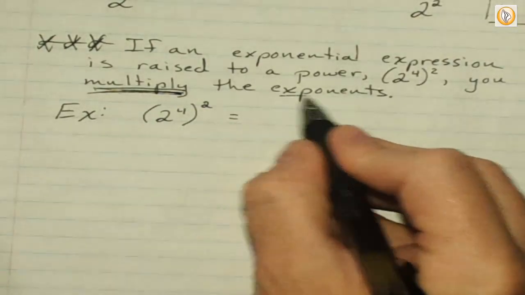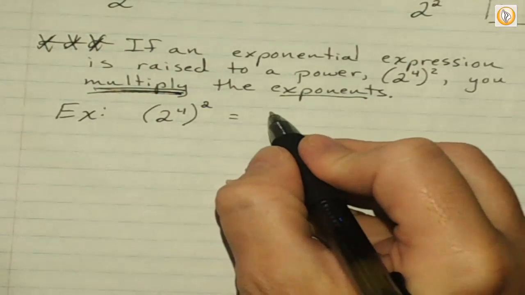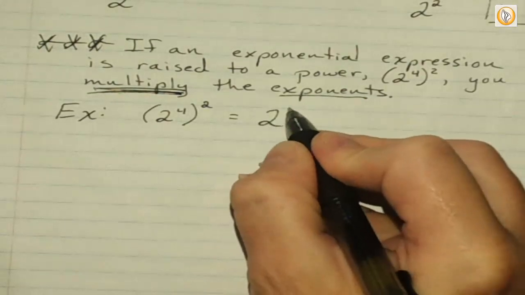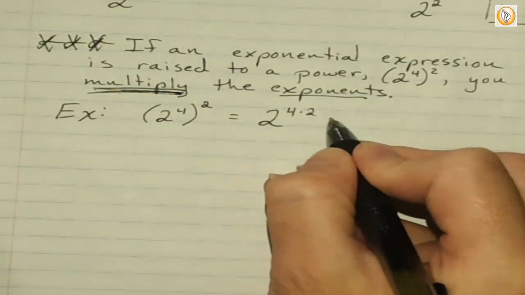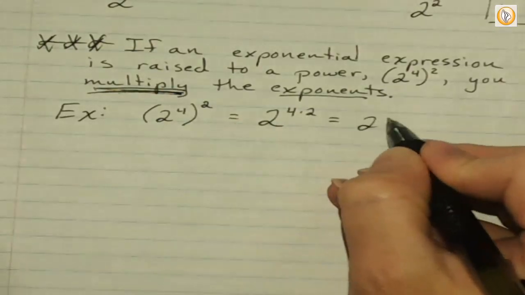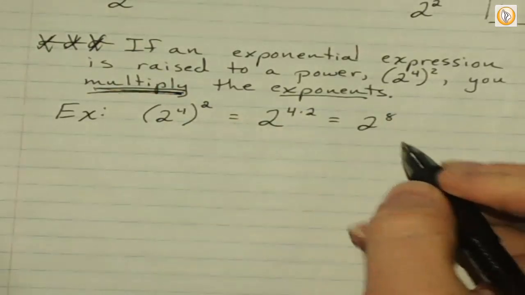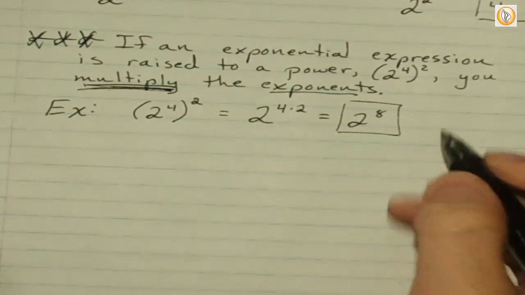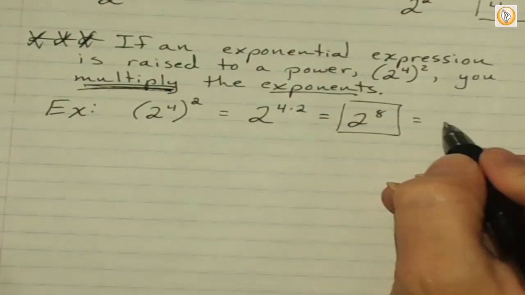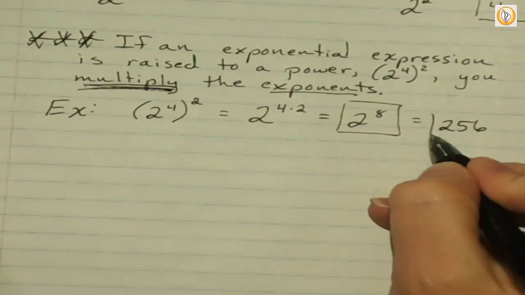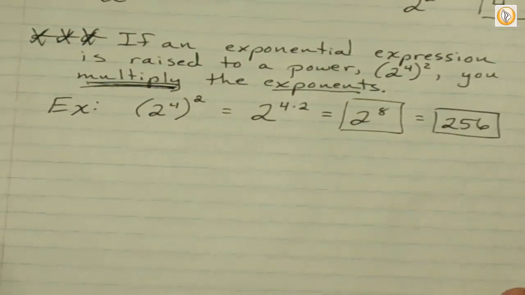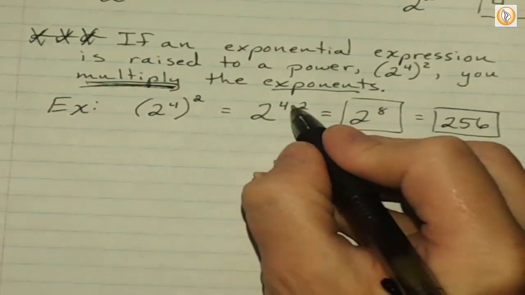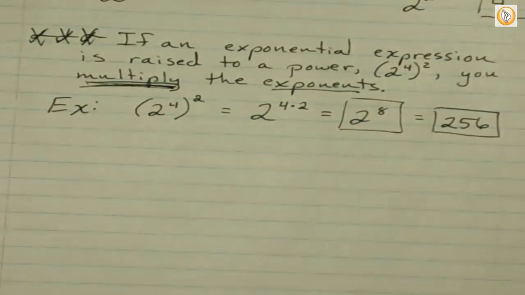So that's really 2 to the 4th times 2 power, which is 2 to the 8th power. Which, if you work it out, is 256. So sit back and take a look at that. See if you have questions.